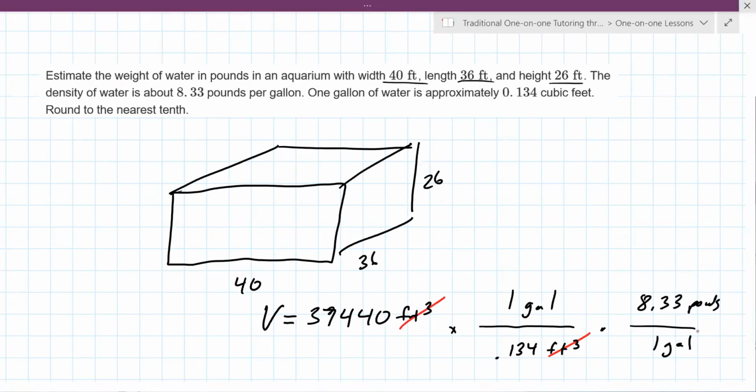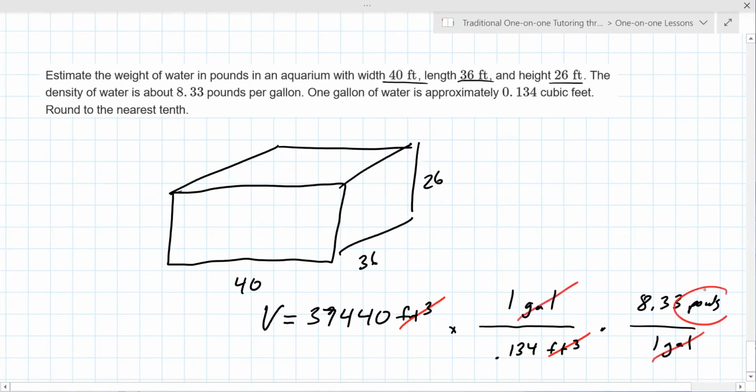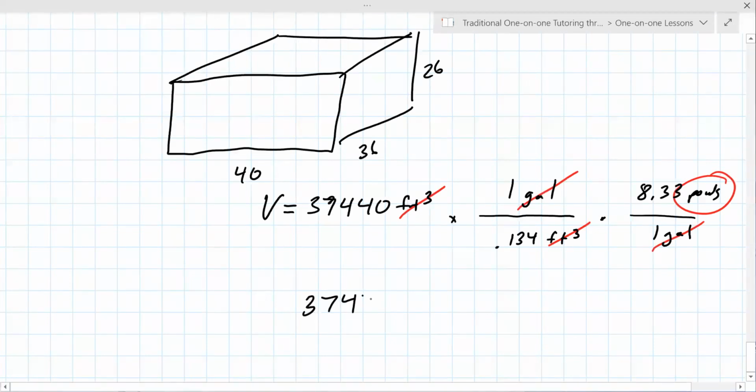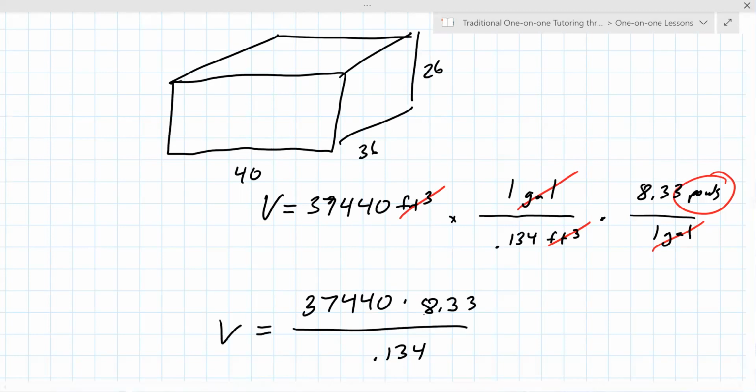See how the gallons cancel and you're left with pounds. When you're doing a unit conversion like this, you multiply the top numbers and then you divide by each of the bottom numbers. But because you have a scientific calculator, it allows you to enter this calculation. You'd want to enter something like this, and it will take care of the order of operations for you.